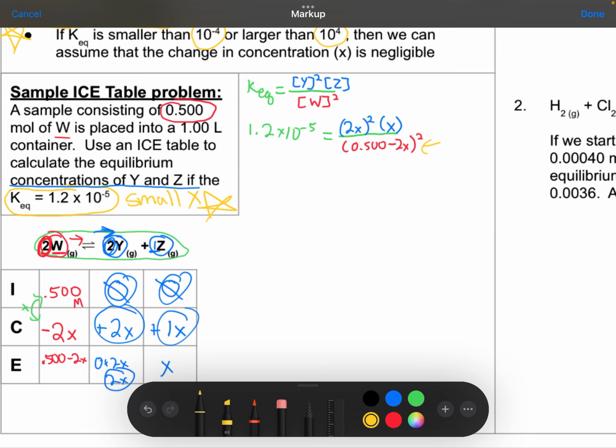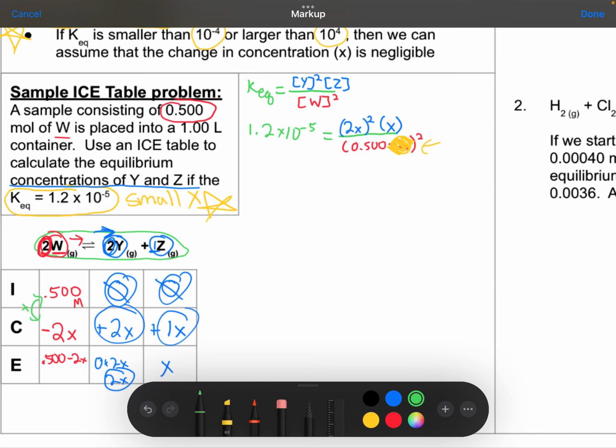Because if we assume that x's change is really, really small, then if I'm subtracting a really small value from 0.5, I'm pretty much going to be left with 0.5. It would round off to that using sig figs anyway. So we're going to just ignore this. And we're going to rewrite this entire expression ignoring that value of 2x there in the denominator.